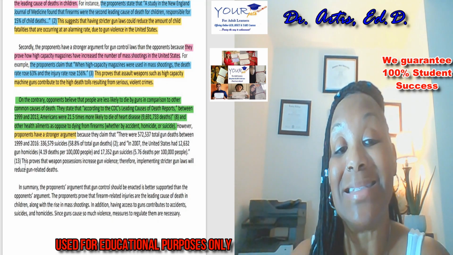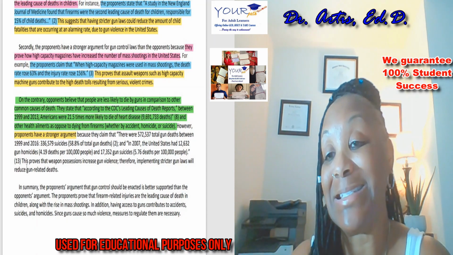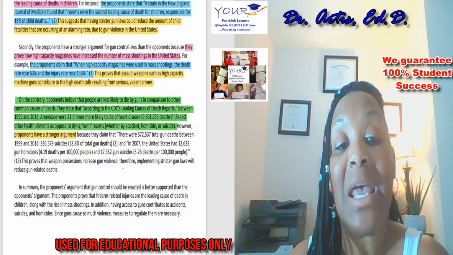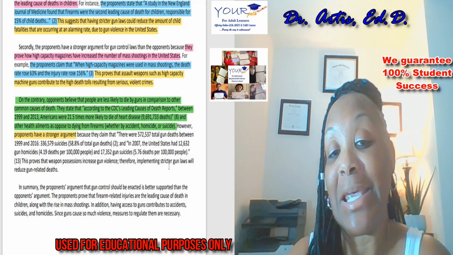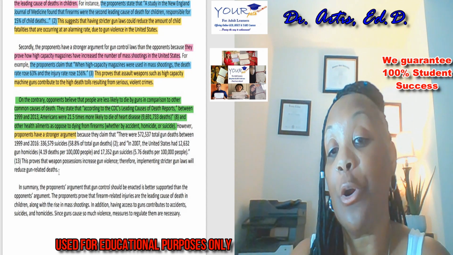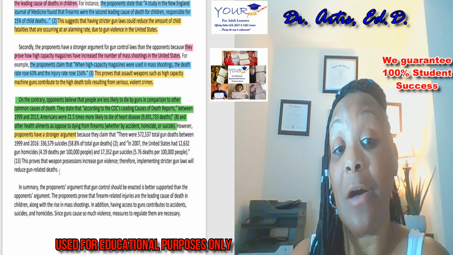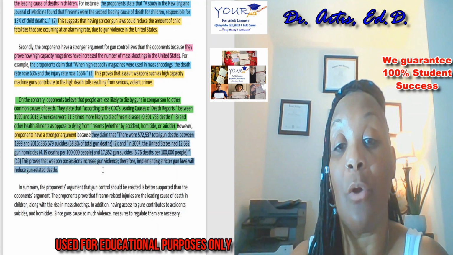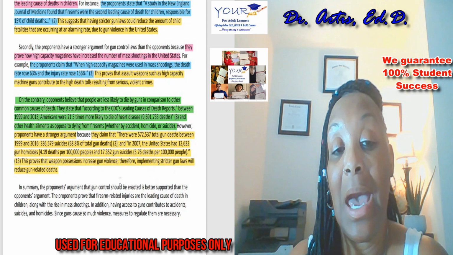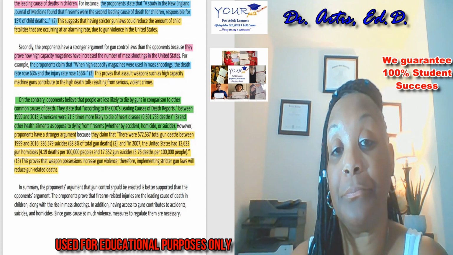Again, whenever you're presenting textual evidence, you want to say this evidence proves that weapon possessions increase gun violence. Therefore, implementing stricter gun laws will reduce gun-related deaths. Okay? So all of this right here is her rebuttal to the counter argument. And I'm going to highlight this in yellow. Okay?